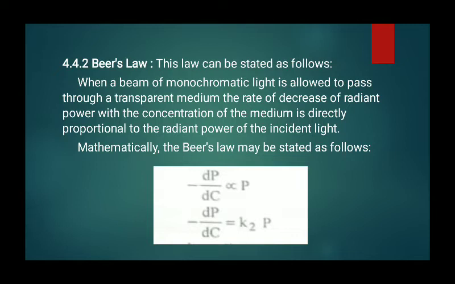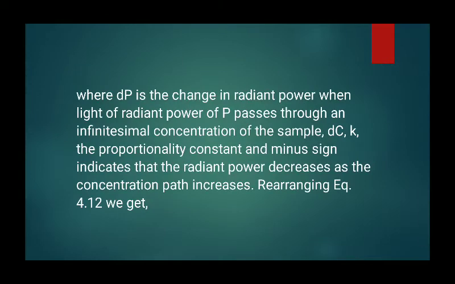Mathematically, it can be stated as minus dP upon dC is directly proportional to P, and removing the proportionality sign, this equation becomes minus dP upon dC is equal to K2 P, where dP is the change in radiant power when light of radiant power P passes through an infinitesimally small concentration of sample, dC.